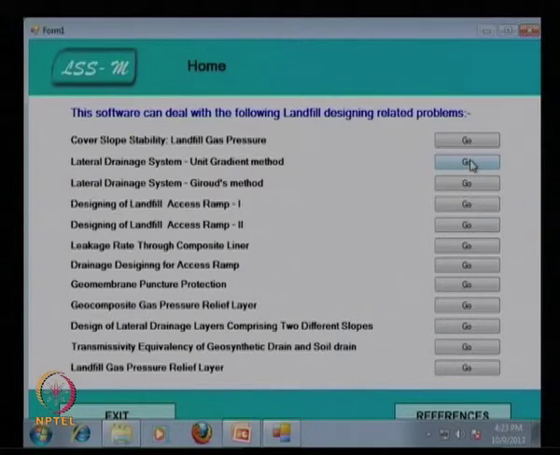Now, the lateral drainage system for unit gradient ratio.